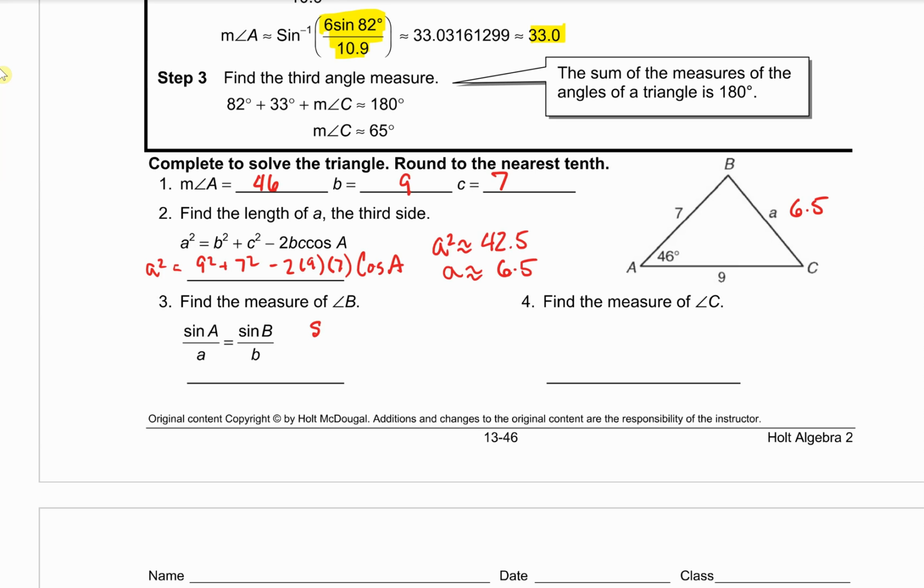And I can say the sine of 46 over 6.5 equals the sine of B over 9.